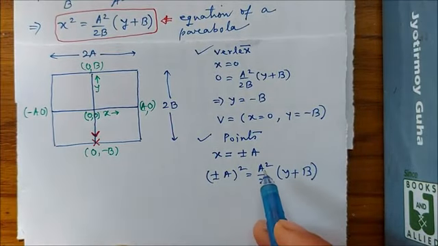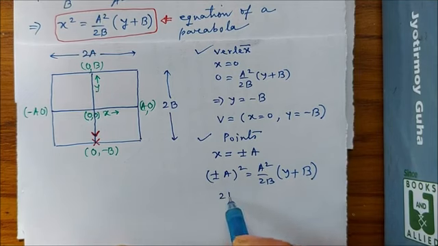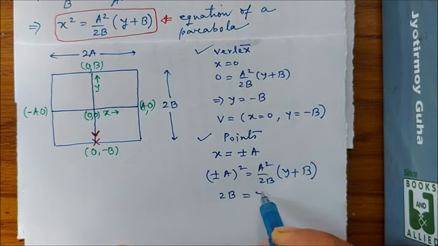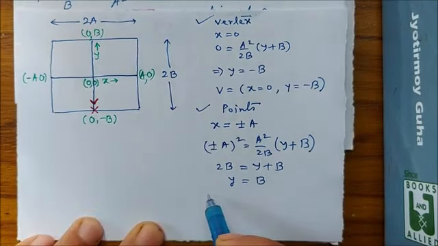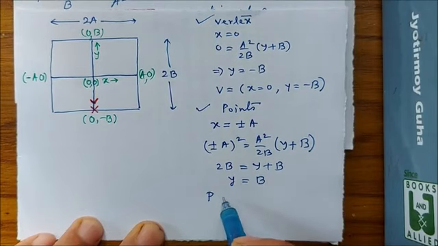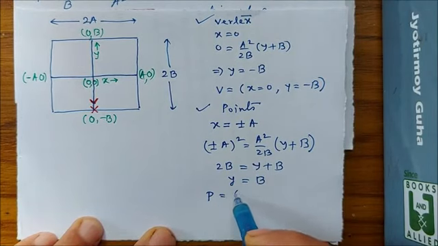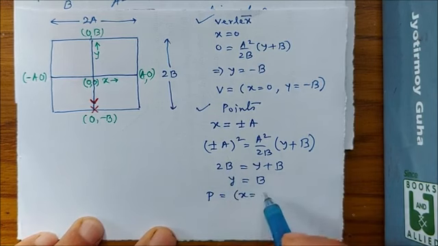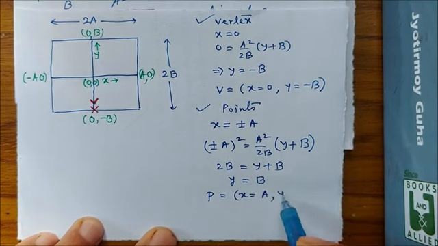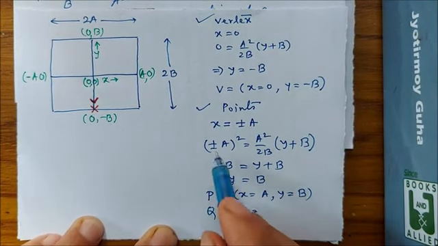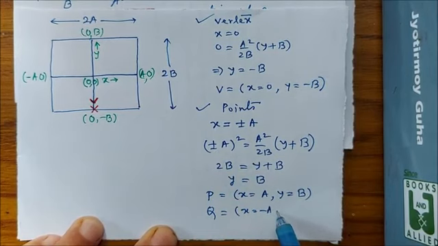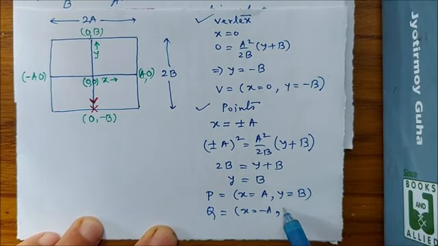So a square and a square will cancel out, and we have twice b equal to y plus b, leading to y equal to b. So we have two coordinates. One is, say, point P having coordinate x equal to plus a, y equal to b, and another point is, say, Q, which has coordinate x equal to minus a and y equal to b.